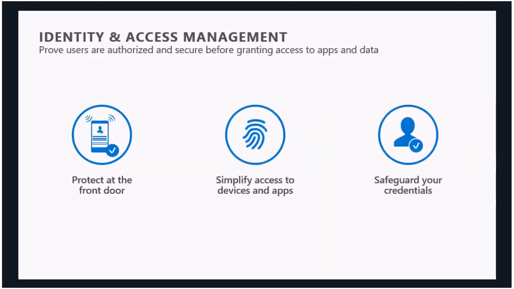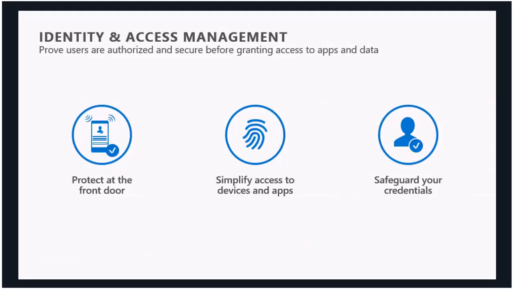Okay, so given the fact that identity is a control plane, there's a 3-pronged approach that we've created to implement a very robust and enterprise-ready identity and access platform. The first prong of that approach is to protect at the front door.